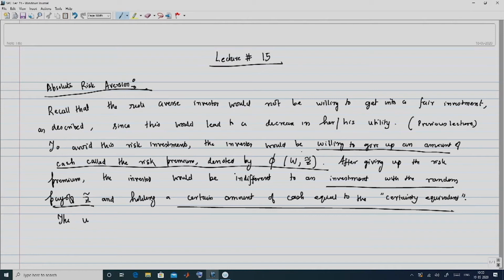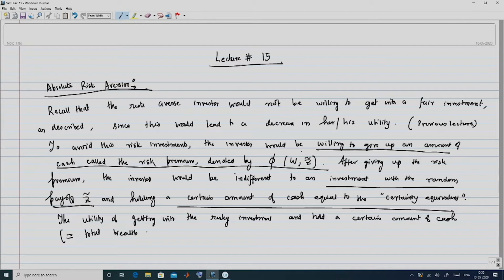So, now the utility of getting into the risky investment and holding a certain amount of cash, which is equal to total wealth after the investment minus the risk premium, they are equal.